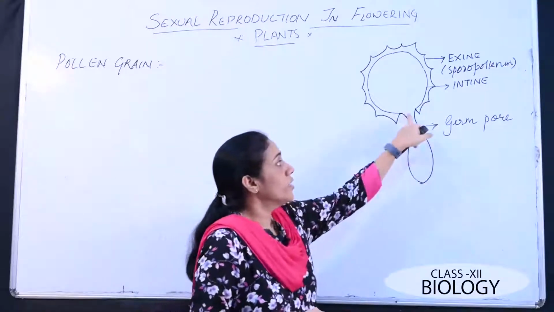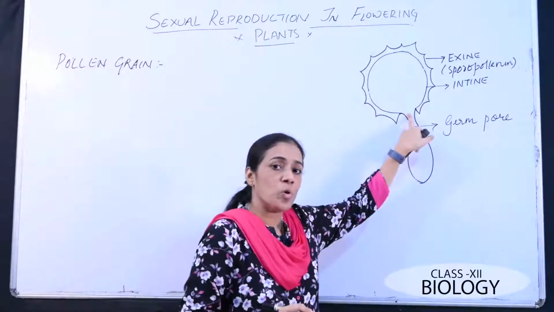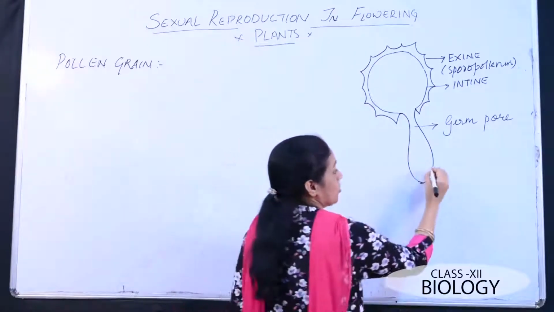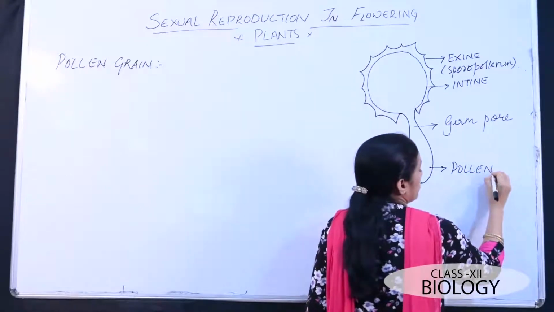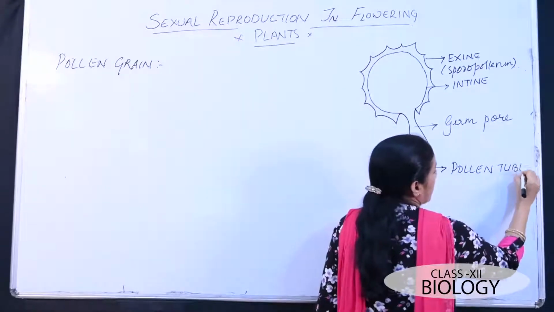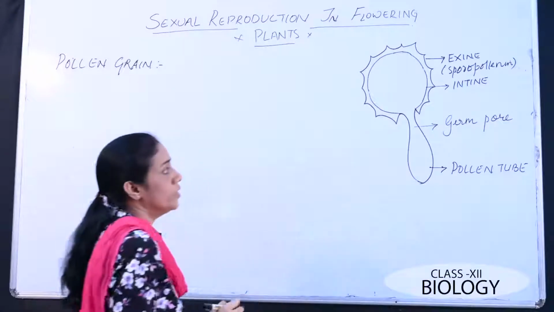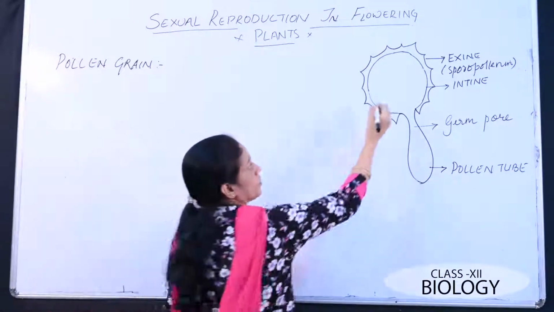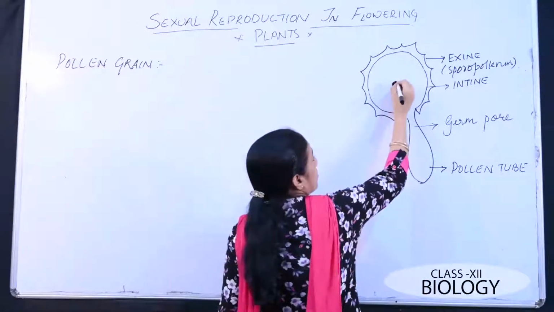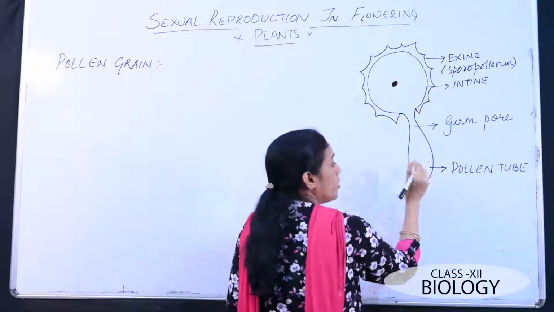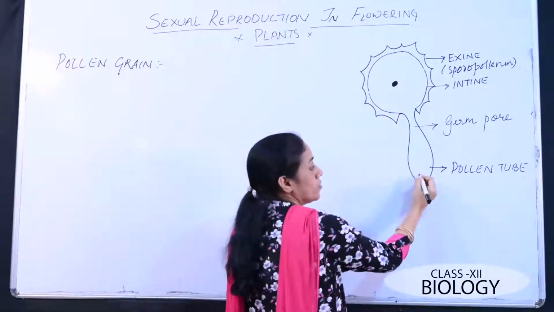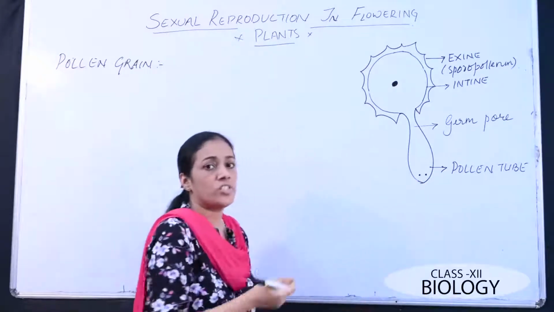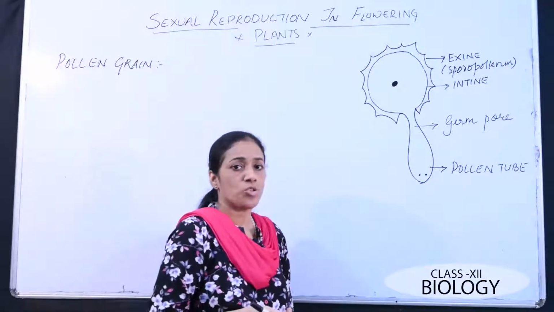That is why at this place the sporopollenin is absent. So this is the pollen tube that comes out. Is that clear? Here we have the nucleus, and this is the pollen tube. This pollen tube carries the 2 male gametes, which help in the process of sexual reproduction.